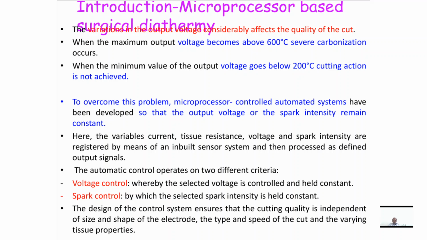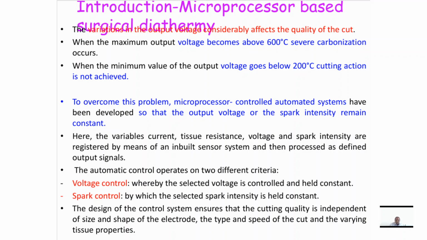To overcome this problem, microprocessor controlled automated systems have been developed so that the output voltage or the spark intensity remains constant. With the microprocessor, we get a steady output voltage, and the same spark intensity is maintained.